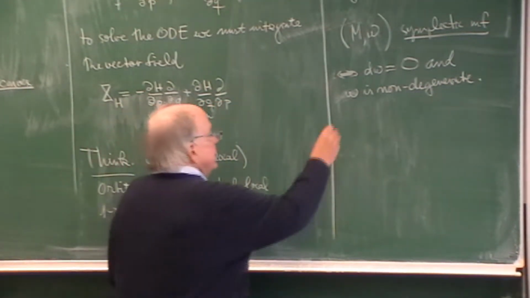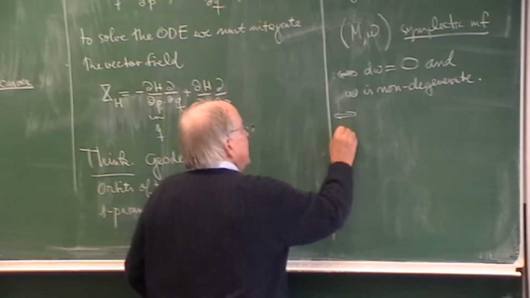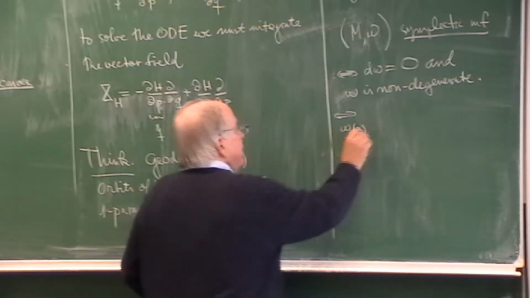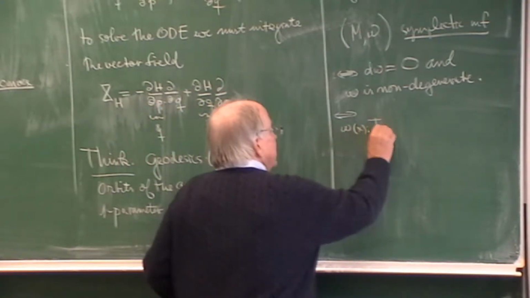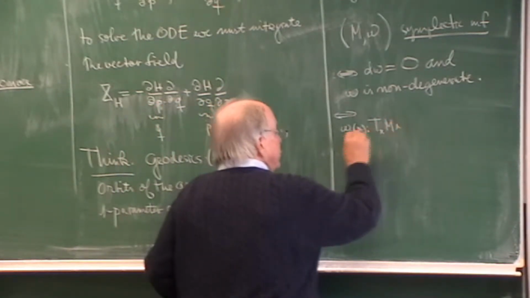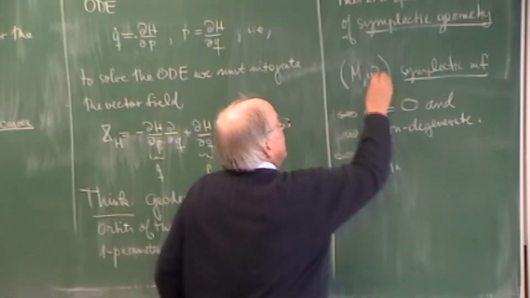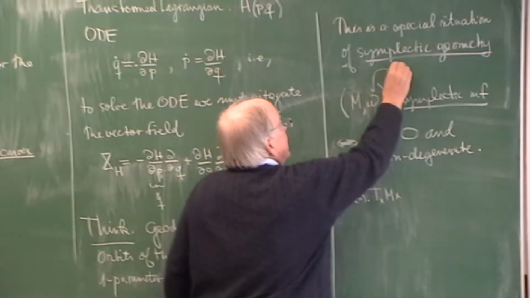Now what that means is omega of x at a point x is a two form. Oh, I didn't say. It's a two form.